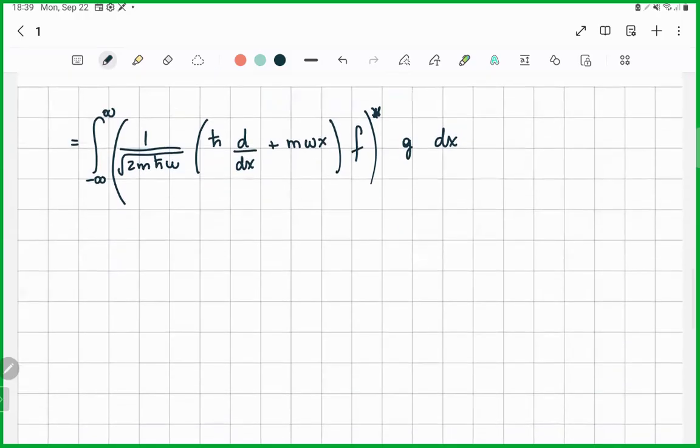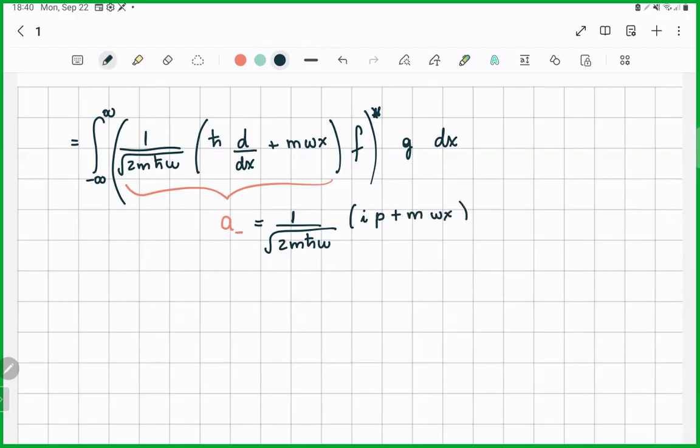And what is this whole thing here? It is the A minus, the lowering operator, because the lowering operator is that constant that we see in front of everything. Then we have i p plus m omega x.